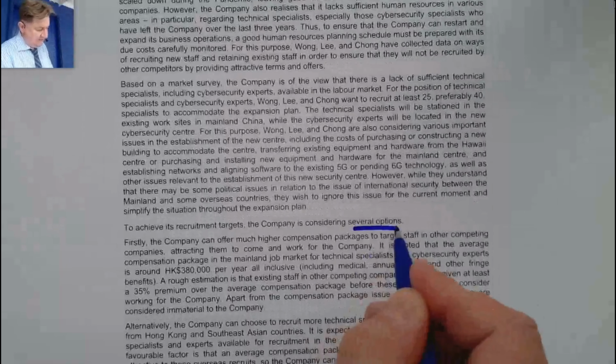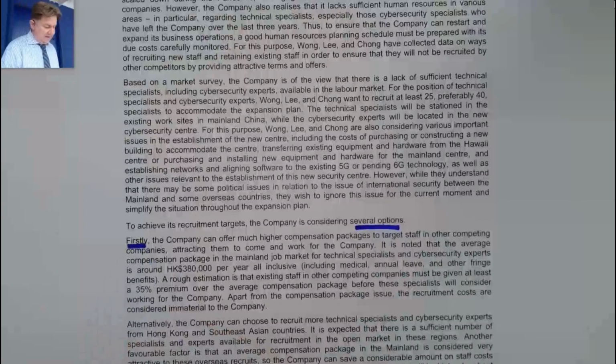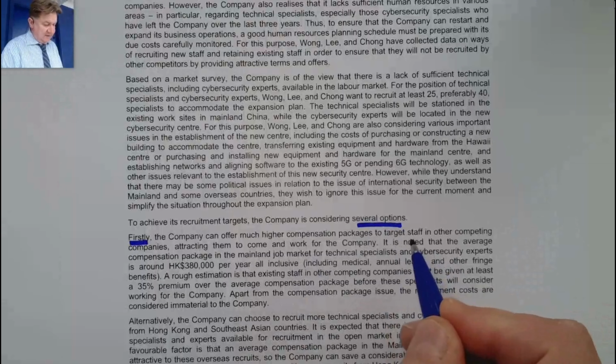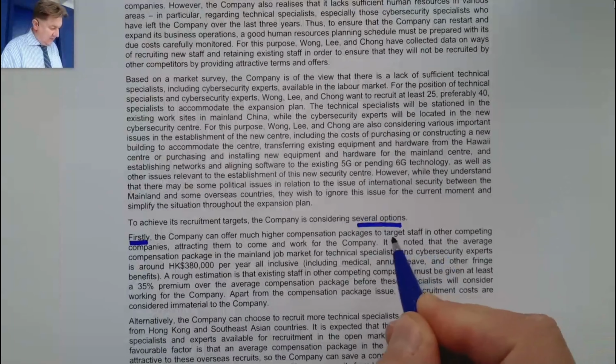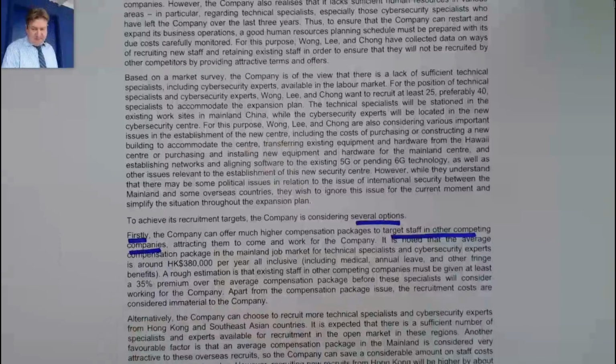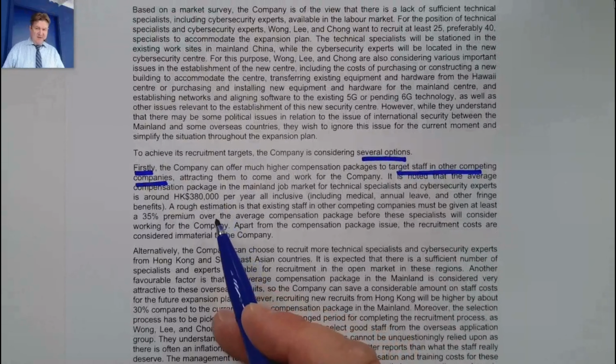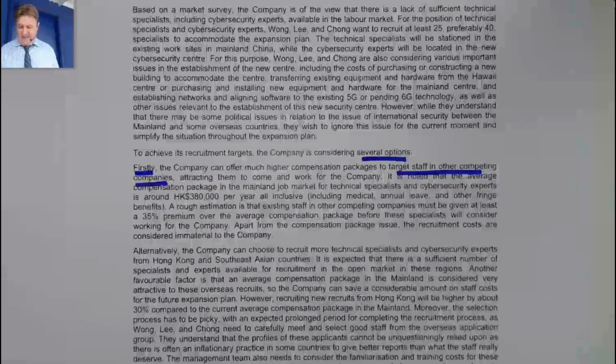There are several options. First of all, it says the company can offer much higher compensation packages to target staff in other competing companies. And then look, we're being given cash flow information just here. So this is what they want you to do in part B.